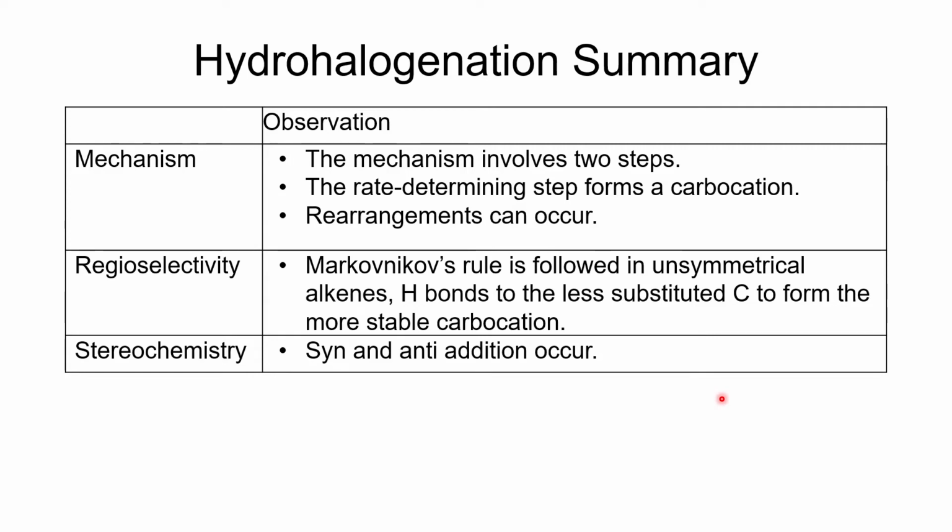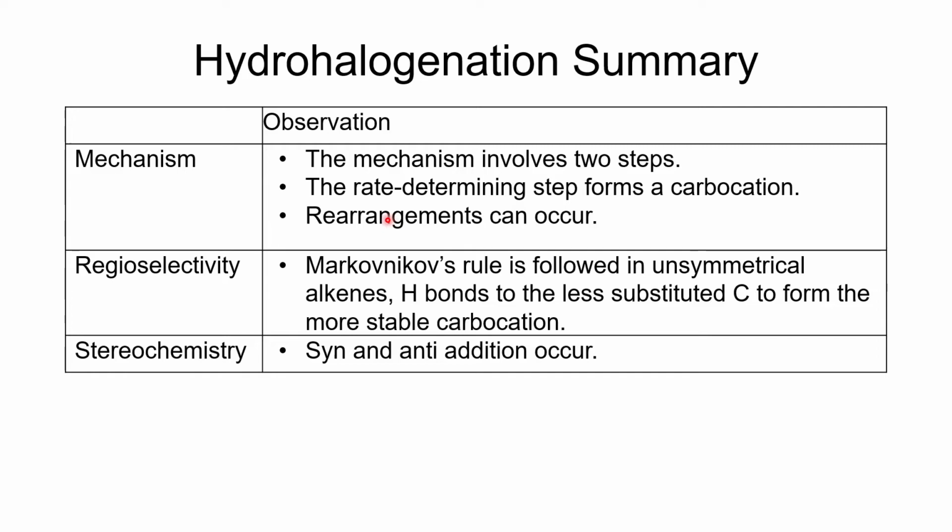All right, so just a little summary on hydrohalogenation. The mechanism has 2 steps. The first step is rate determining. We break 2 bonds and make 1 bond in that first step, which forms a carbocation. Then in the second step, the halide comes in and reacts with the carbocation. Now, this is important. Sometimes when you're doing these reactions, it's possible that rearrangements can occur. We looked at rearrangements in that previous chapter, and sometimes rearrangements can be a little bit tricky.